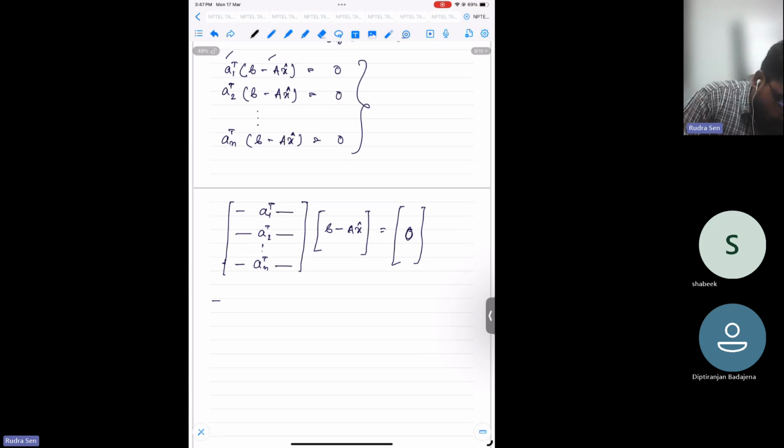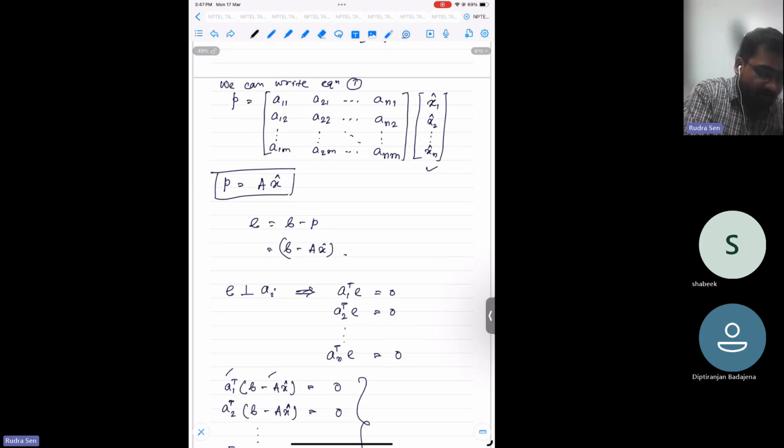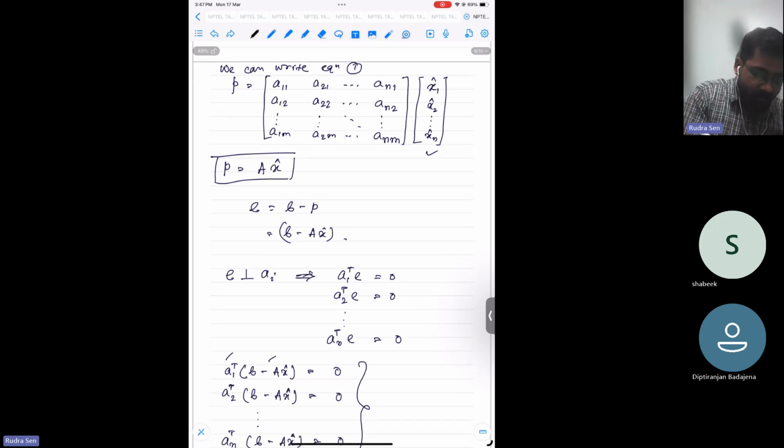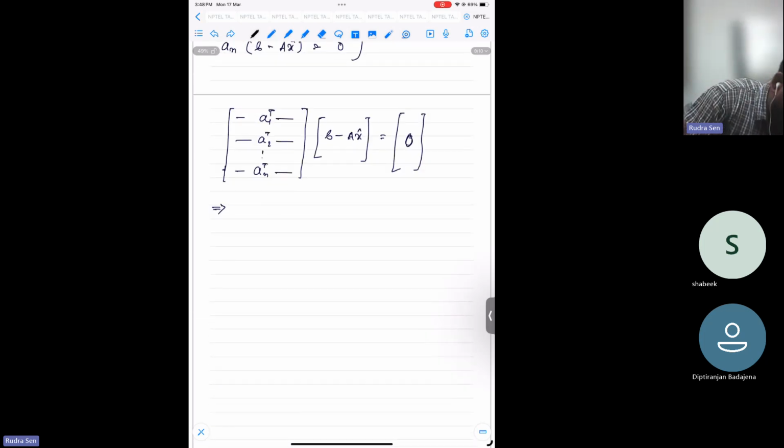So definitely, if this thing is called A transpose, then this is A transpose times b minus A x hat equals 0. Now we multiply: A transpose b minus A transpose A x hat equals 0.